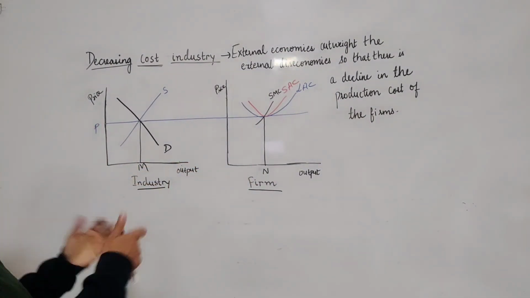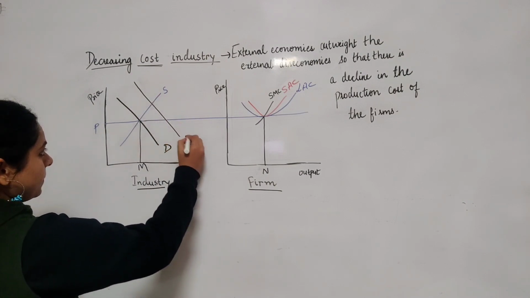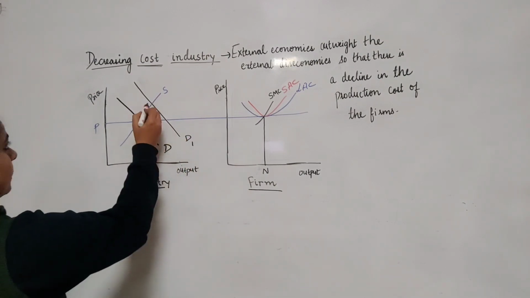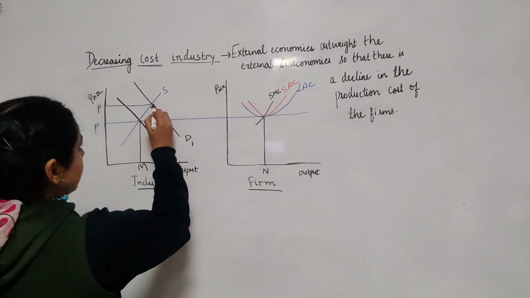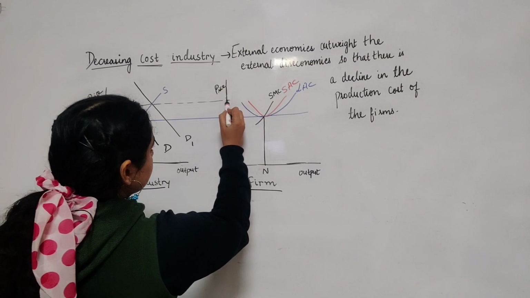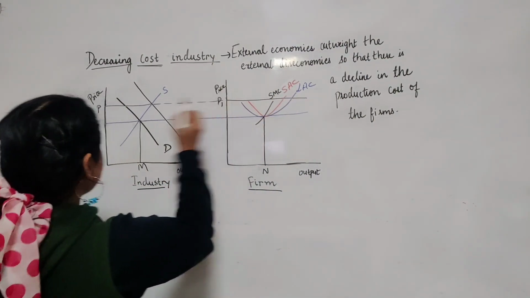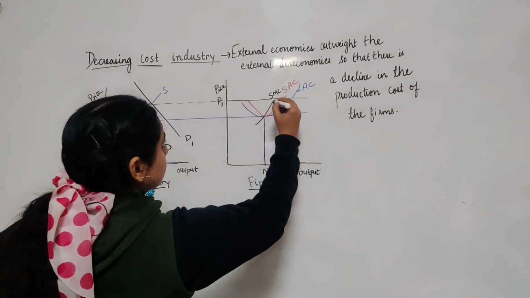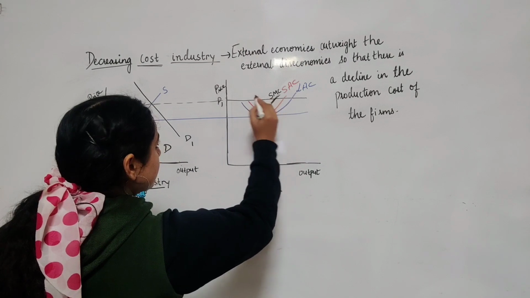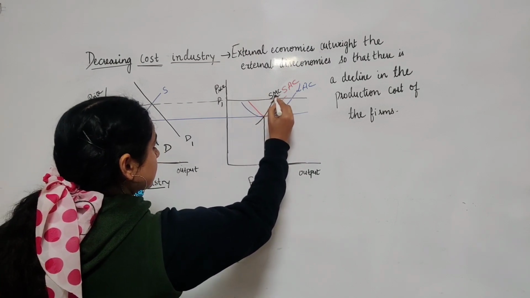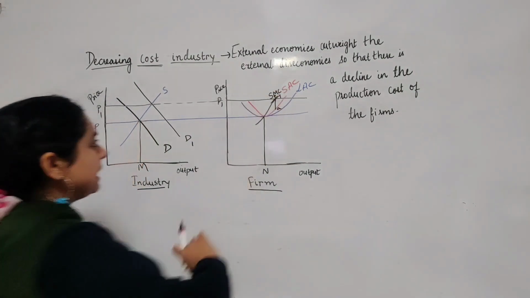And in case there is increase in demand in the market, the price rises, and at this new price, P1, the firm starts earning excess profit to the extent of AE1.